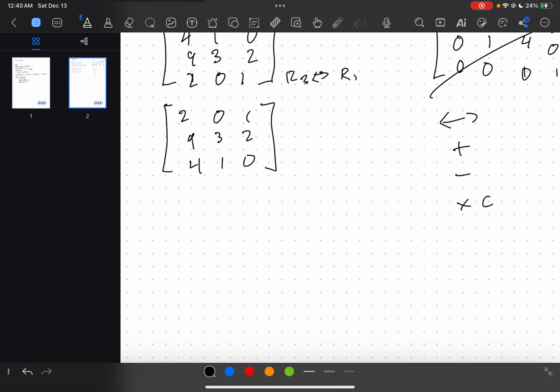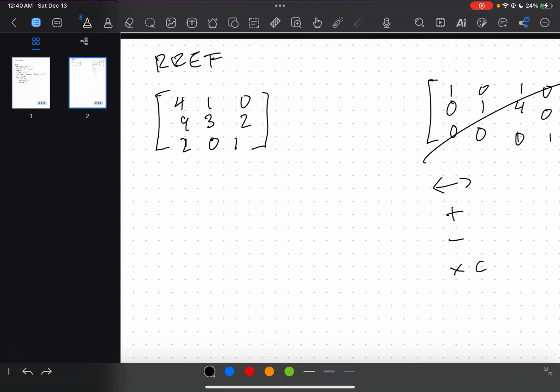Actually, it would have been better to do R2 swap with R1. We put 9 here: 9, 3, 2, 4, 1, 0, 2, 0, 1.